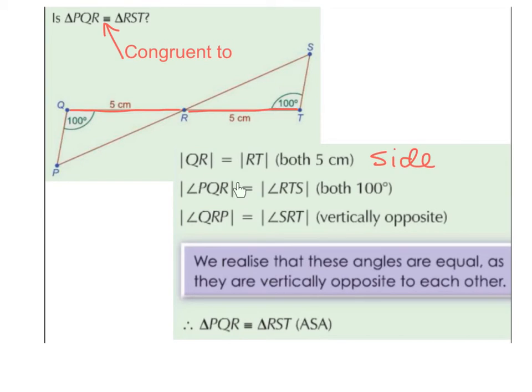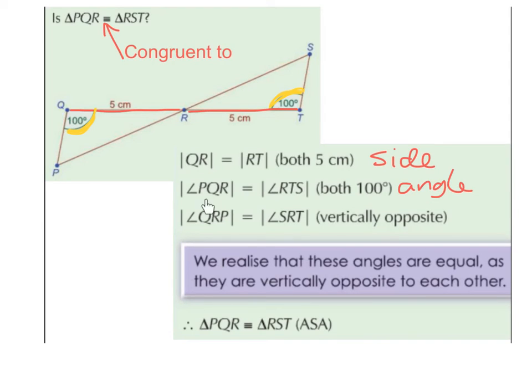Then angle PQR is 100 degrees, and angle RTS is also 100 degrees. So we have a common angle.